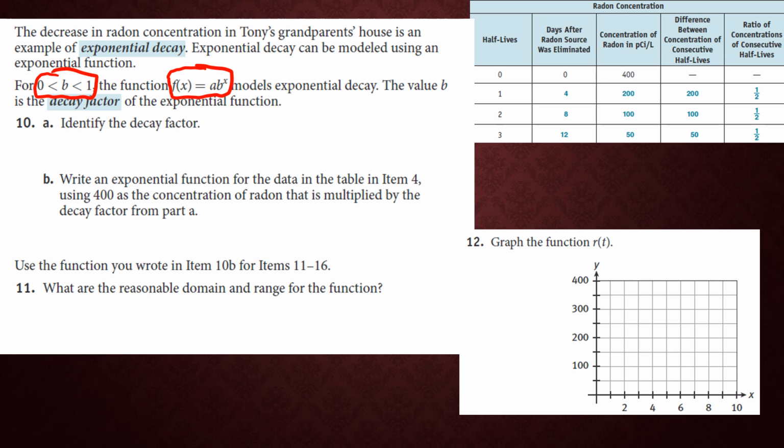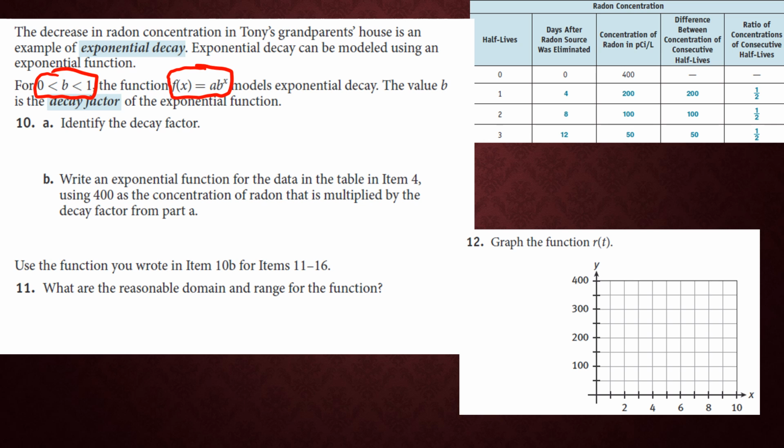Remember, it can't be 0 because that would turn the whole thing into 0. And it can't be 1 because nothing would change if you just kept multiplying by 1. If you multiply by something bigger than 1, you get exponential growth, and that's what we've been looking at. If you multiply by something between 0 and 1, you get exponential decay.